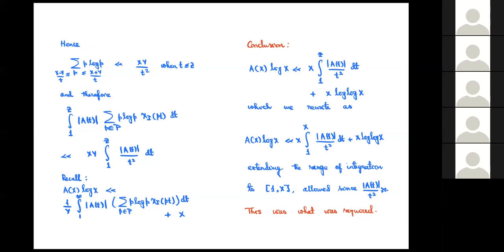Okay. What have we achieved? What we have got finally from here is that the fraction we want to bound is bounded by its own mean. So the problem of showing that A(x) by x goes to 0 as x goes to infinity is now translated to a problem of showing that its mean on this interval 1 to x, weighted by 1 by t square, actually goes to 0 as x goes to infinity.